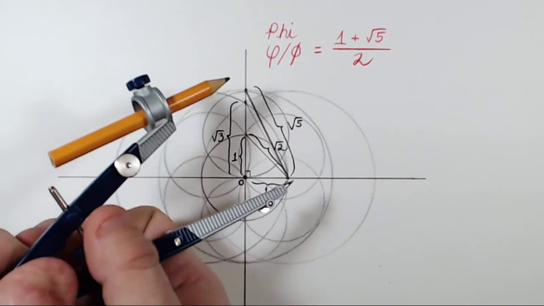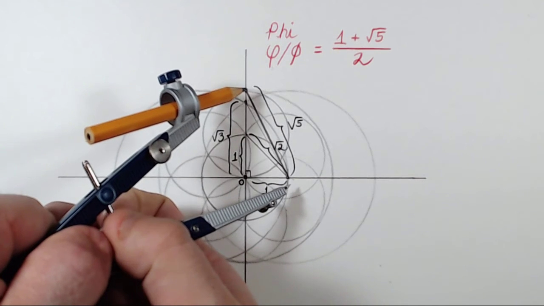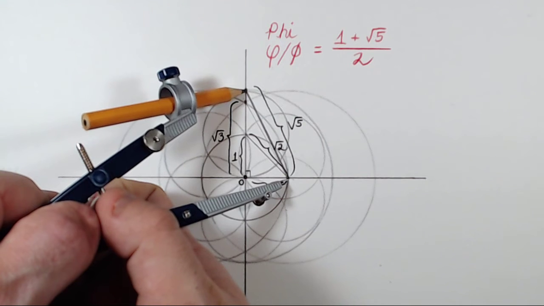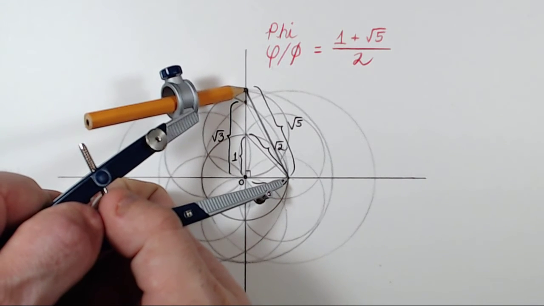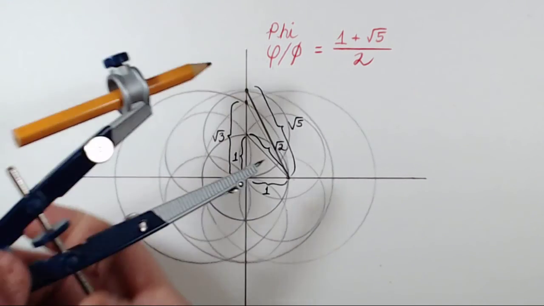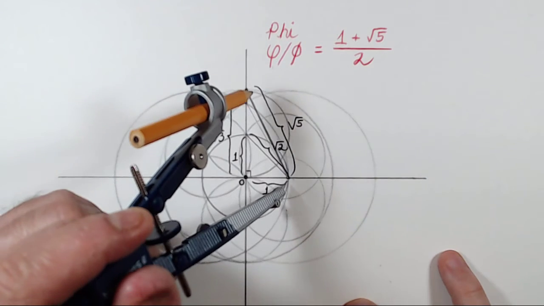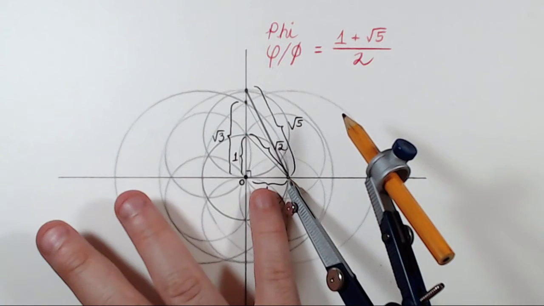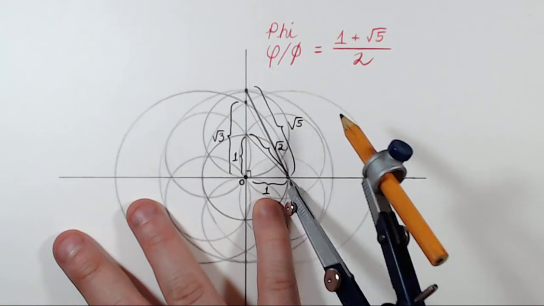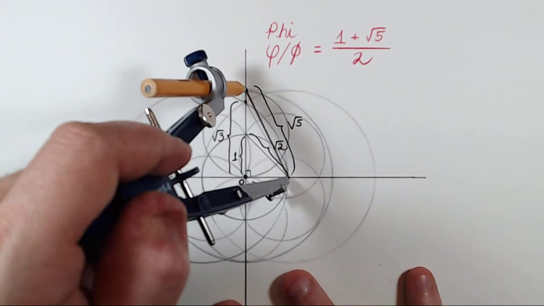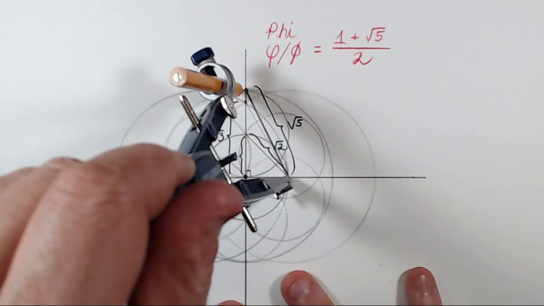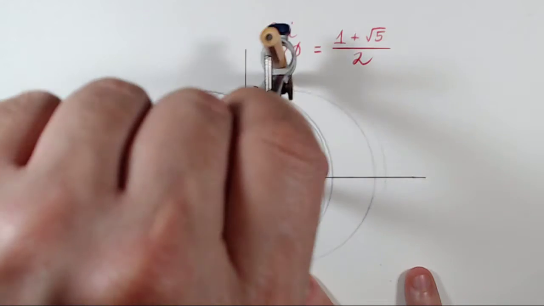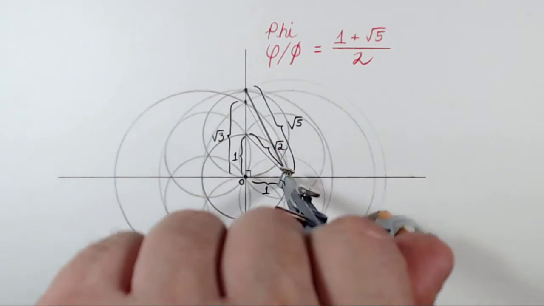So here's what I can do. I can set my compass equal to this distance of square root 5. It's like that. And if I place my point at distance 1 from the origin, and I draw a circle with a radius of square root 5, draw that circle in very lightly.